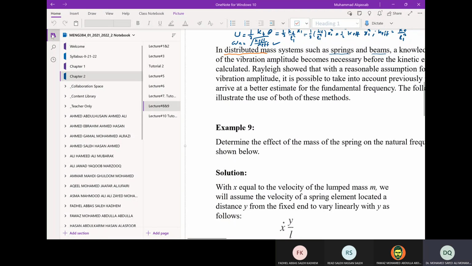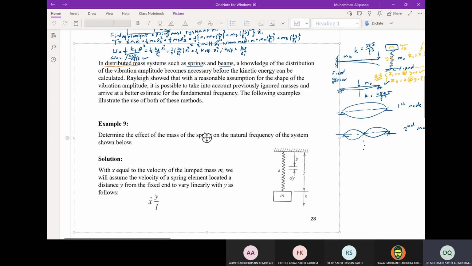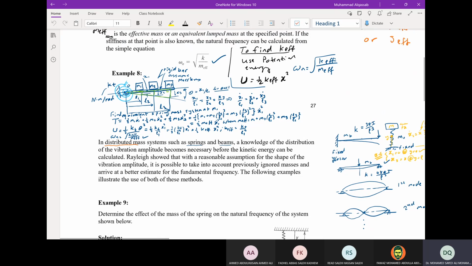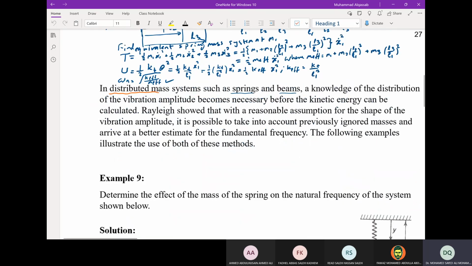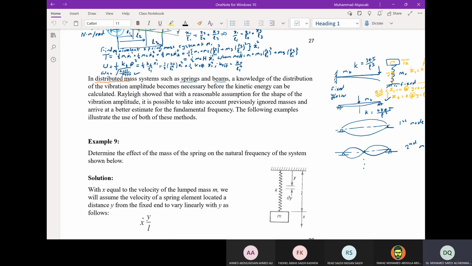Okay, in 9, we talked about effective mass, and we finished one example about a discrete mass system. And then I started talking about distributed mass parameters and the nature of vibration of distributed mass parameter systems.